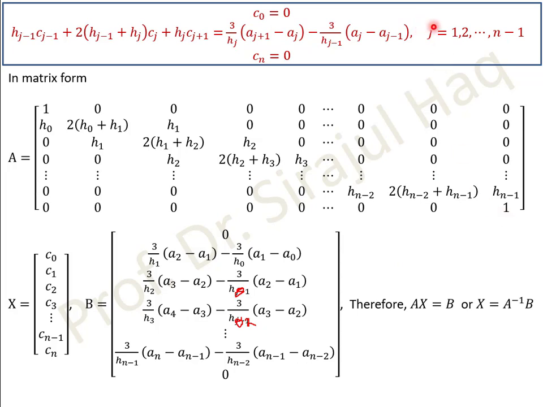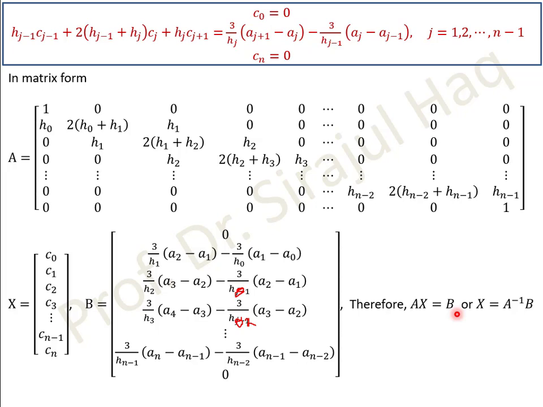And finally, when I continue, j is equal to n minus 1. So this will be 3 divided by h(n-1), c(n-1), minus 3 divided by h(n-2), multiplied by c(n-1) minus a(n-2), which you can see over here. Now these equations have been reduced to Ax equals b, in this form. This is an n plus 1 by n plus 1 system.